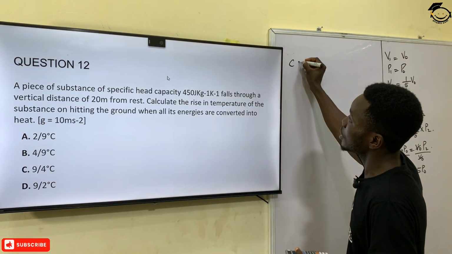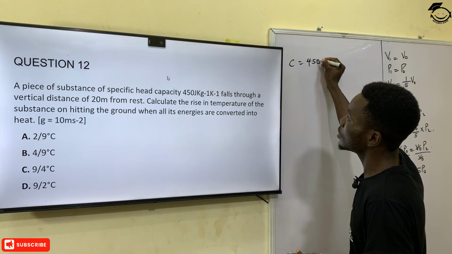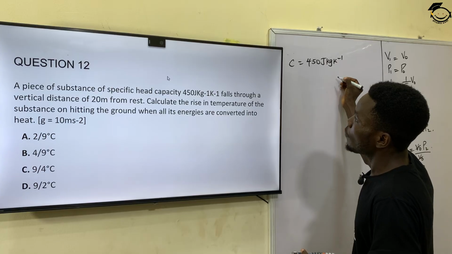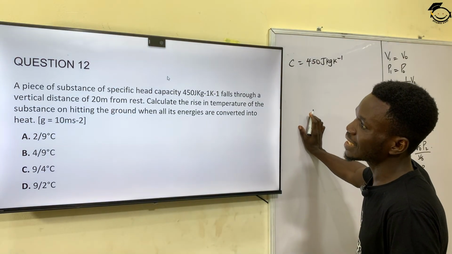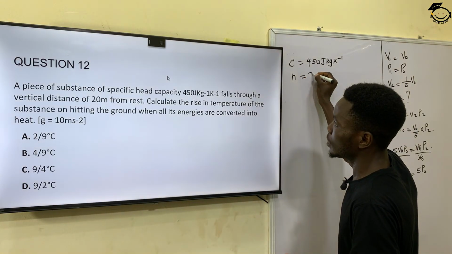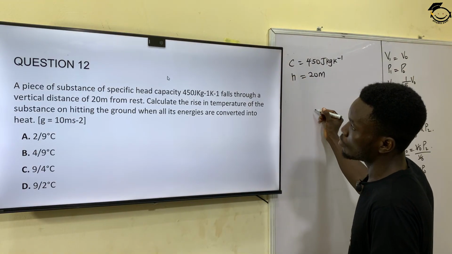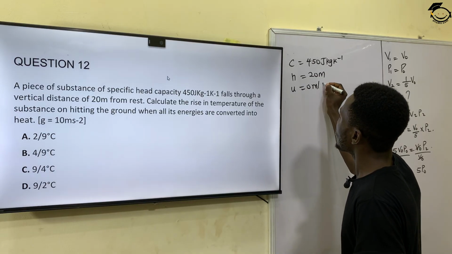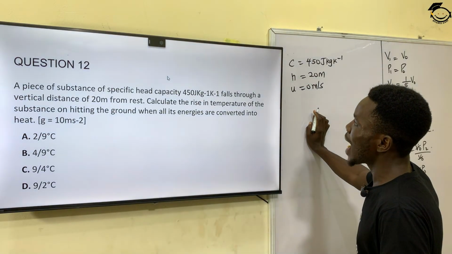So we have our C in the question as 450 joules per kilogram per Kelvin. Force through a vertical distance of 20 meters. So the height was given as 20 meters from rest. From rest, which means that my U is what? 0 meter per second. Calculate the rise in temperature.